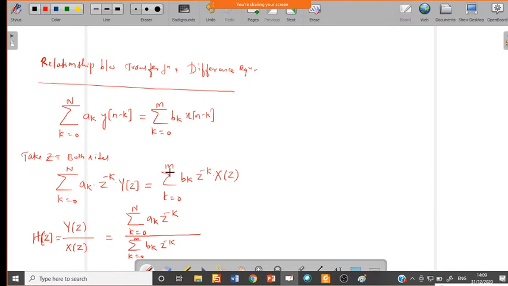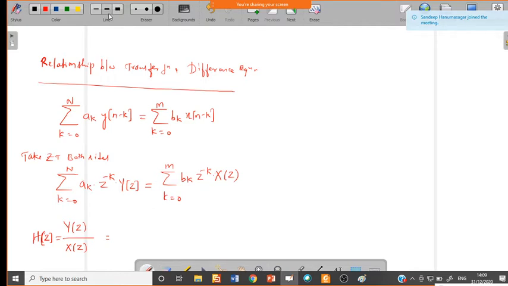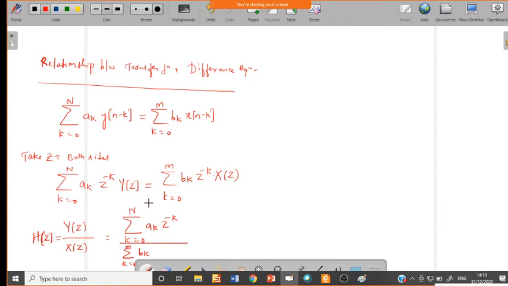Sorry, this one is 0 to m. So y of z by x of z: the summation k equal to 0 to n, ak into z power minus k, divided by summation k equal to 0 to m, bk into z power minus k.